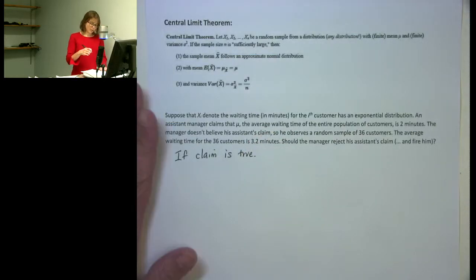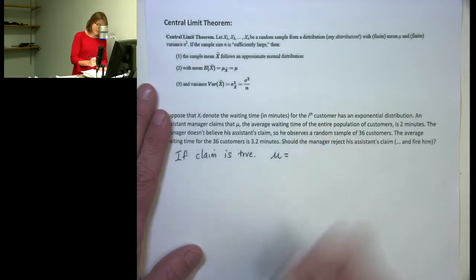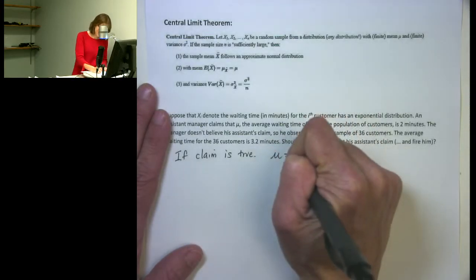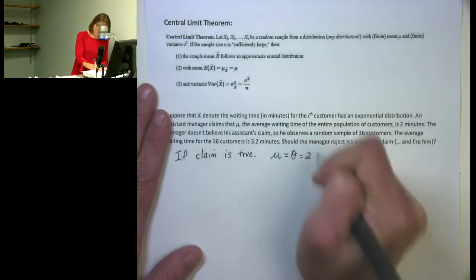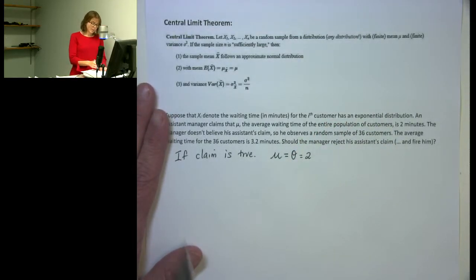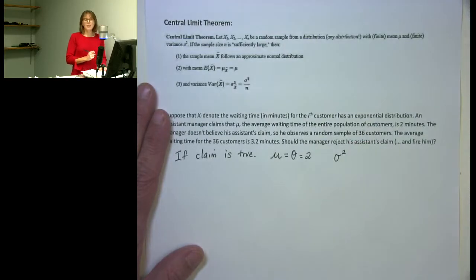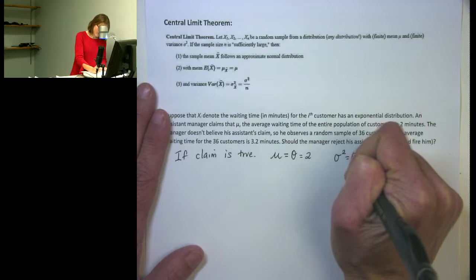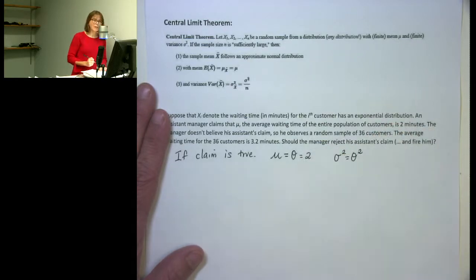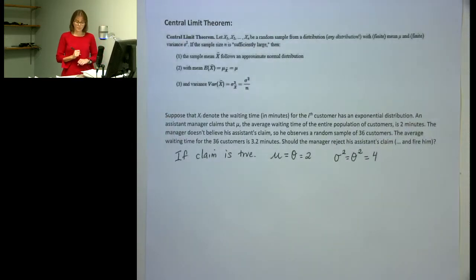So we'll start by saying, suppose for a minute that the claim is true. If the claim is true, then the mean waiting time, which, remember, for an exponential distribution our parameter theta is the mean, would be equal to 2. And in order to use the central limit theorem, we also need to know what the population variance would be. In an exponential distribution, the variance is just theta squared, and theta is equal to 2, so the variance would have to be 4.